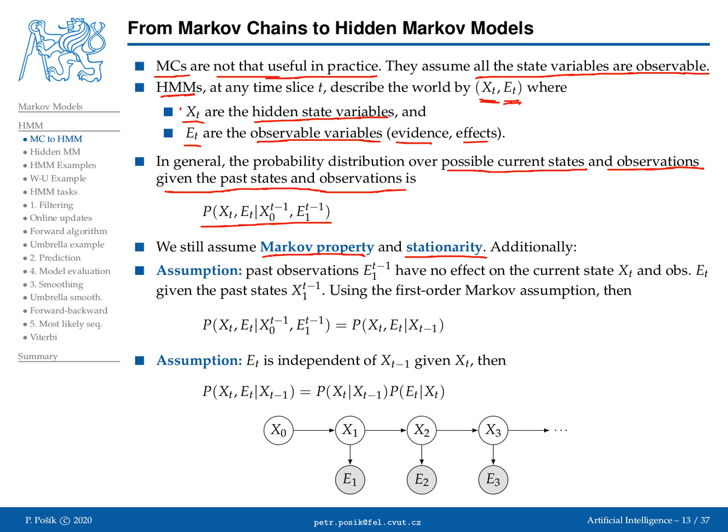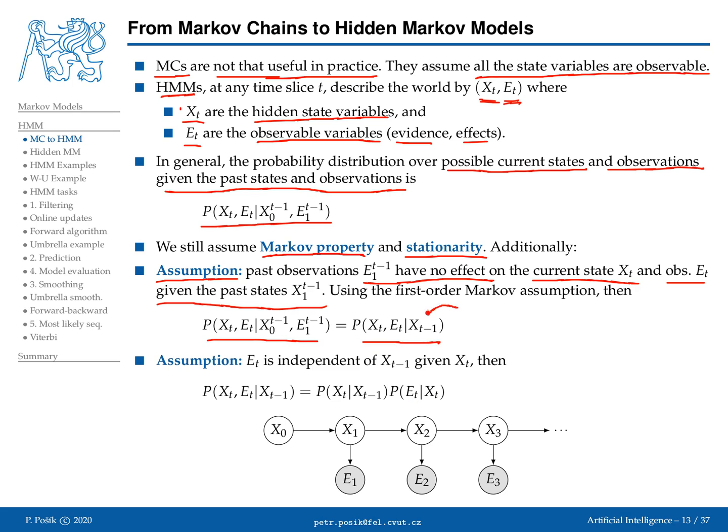And we also add two other assumptions. The first one is that the past observations have no effect on the current state and on the current observation if you know the last state. So basically this original conditional probability reduces to this one, right?